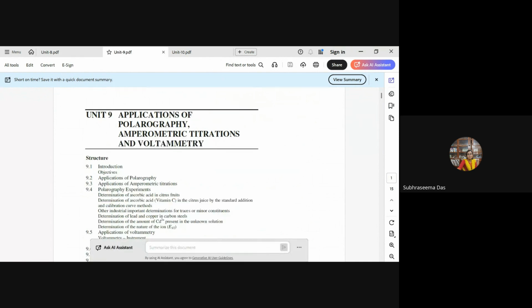So we'll start with a new unit, that is applications of polarography, amperometric titrations, and voltammetry.